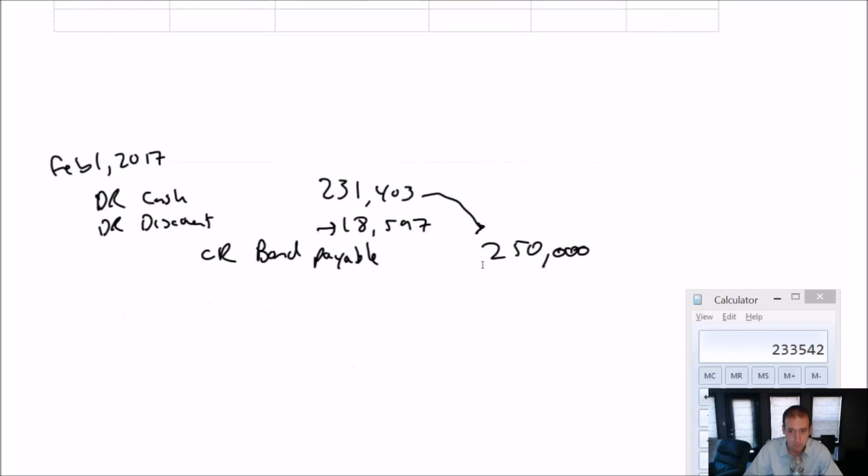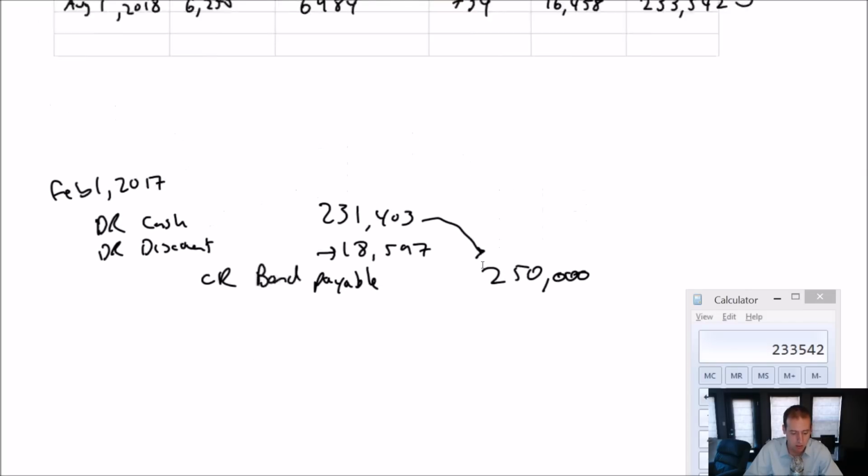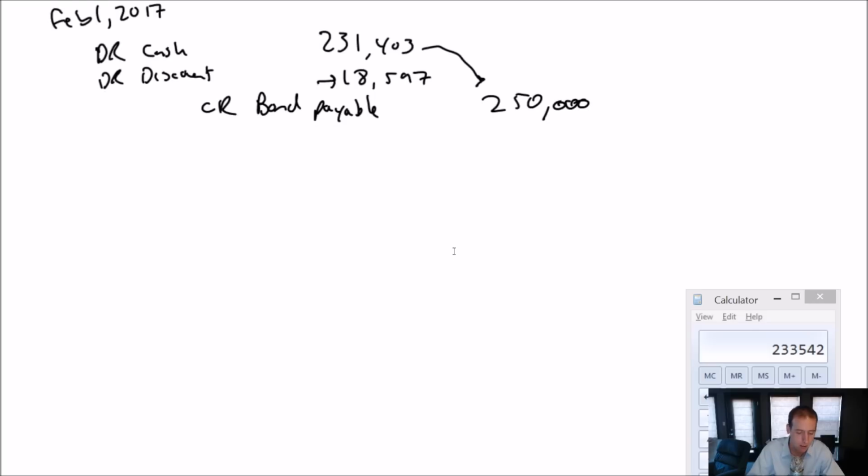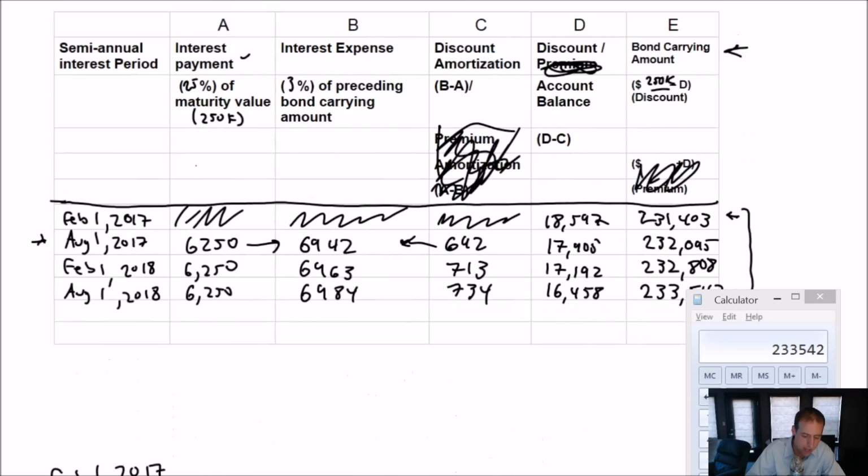Okay. Let's do our entries now. Now we're well positioned to do entries. We did the first one, the issuance of the bond. The second one, August 1st, the first interest payment. We do make an interest payment, so let's credit cash. You can see in column A, and I'm looking at August 1st here.